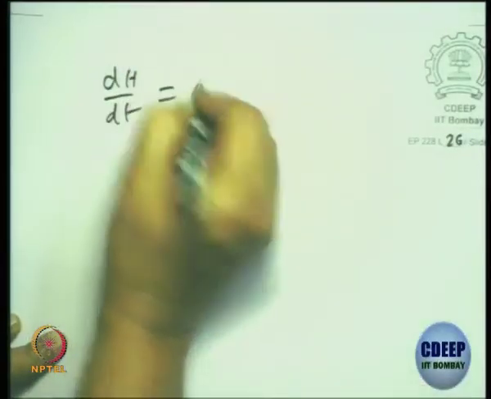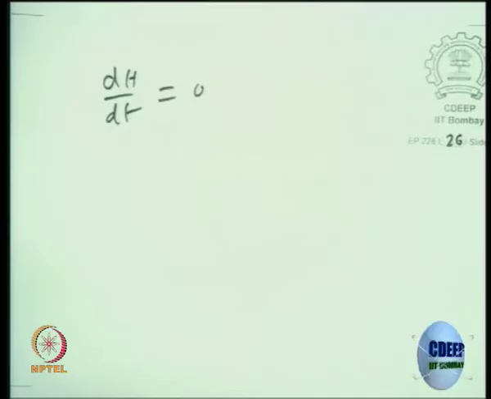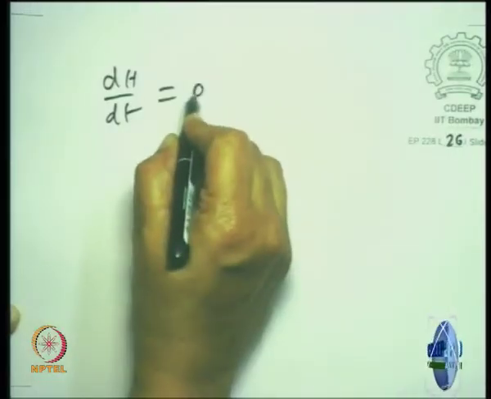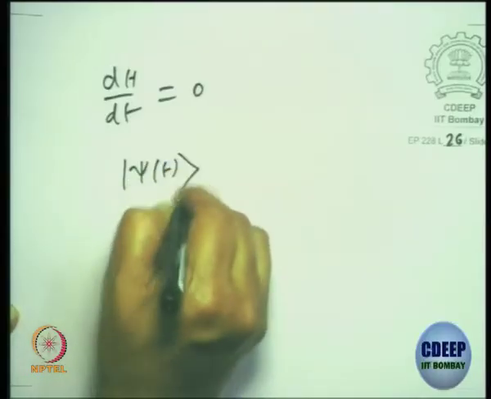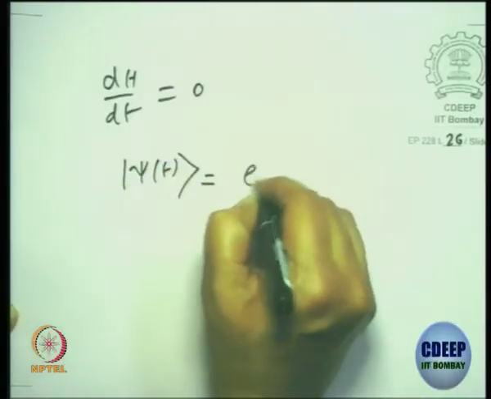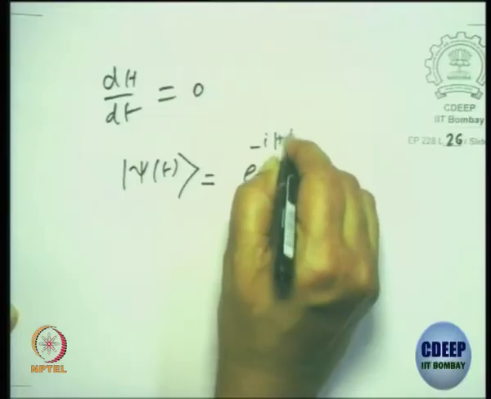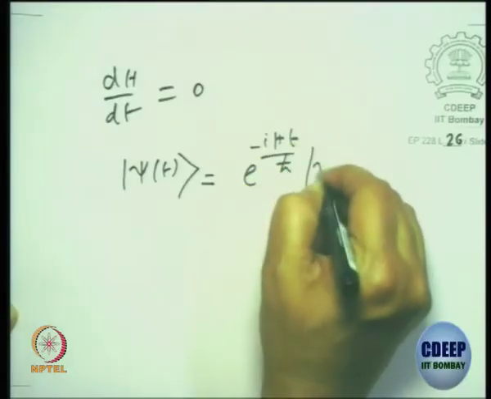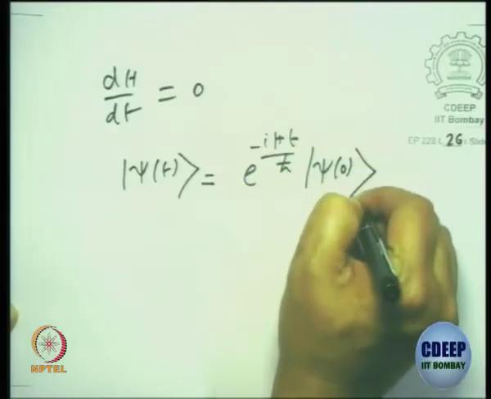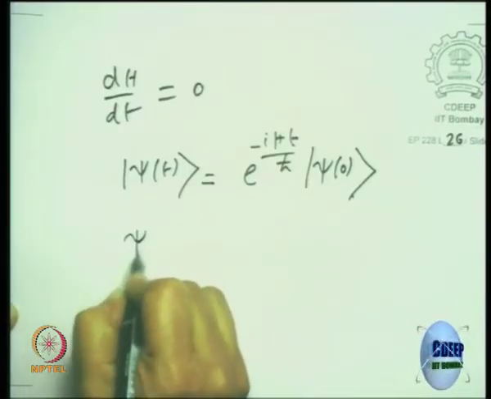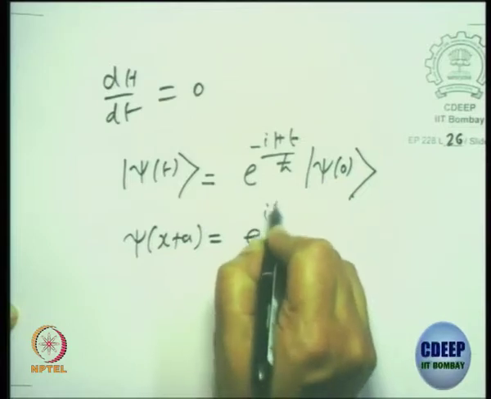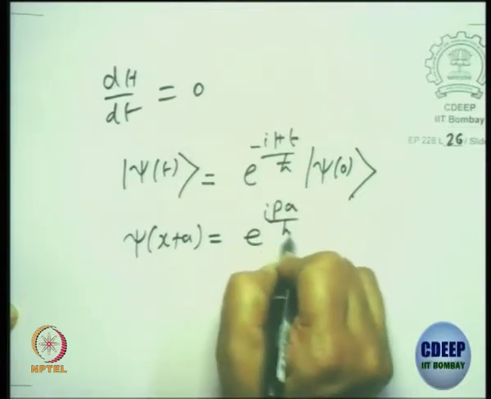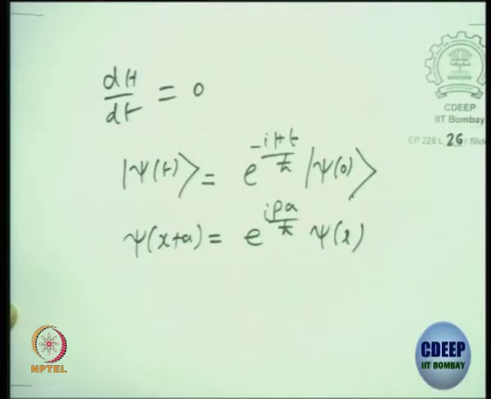So for time independent systems which we are doing, you can argue that dH by dt is trivially 0, right? Equivalently, the function psi of t, we write as e to the minus i H t over h cross on psi of 0. So similar to what I was trying to say, x plus a is e to the i p a by h cross on psi of x.